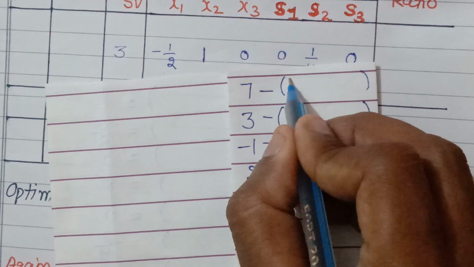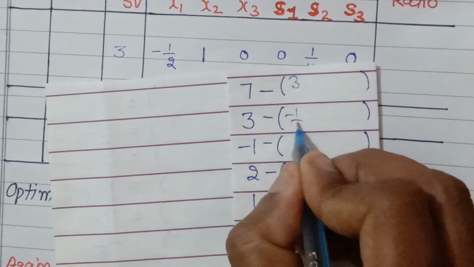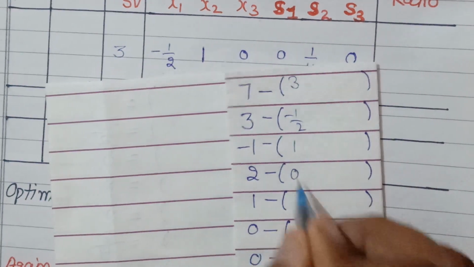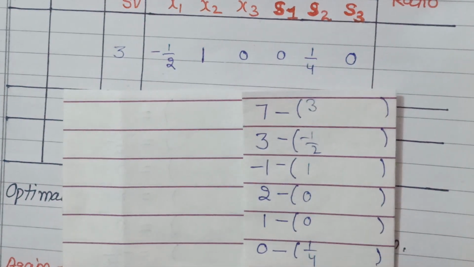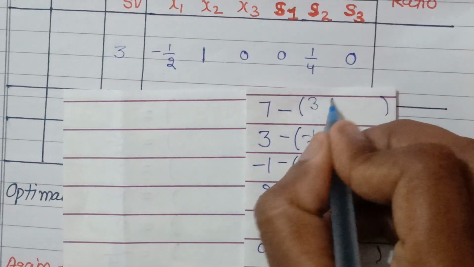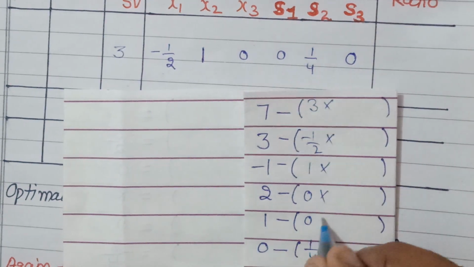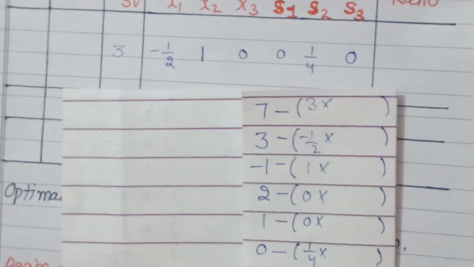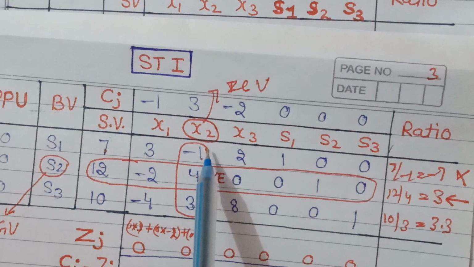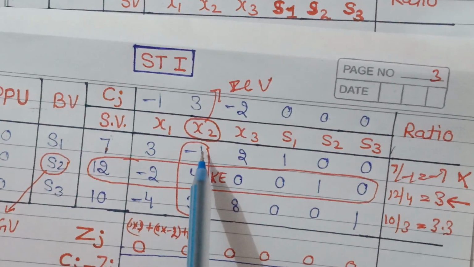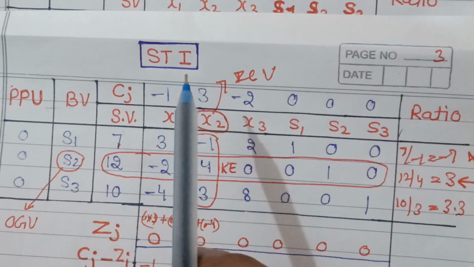Okay, this is 3, this is minus 1 by 2, this is 1, this is 0, this is 0, this is 1 by 4, and this is 0. Now we have to multiply all these values with the element which we have to make 0. Here in this table you will see that this element minus 1 has to be made 0, and this is the element from the simplex table 1.